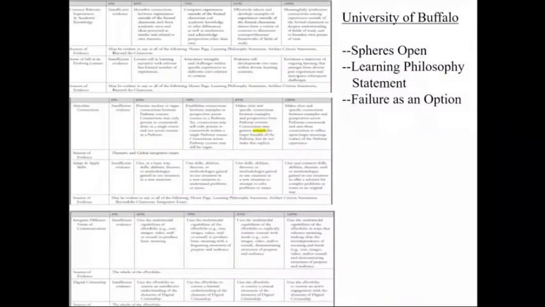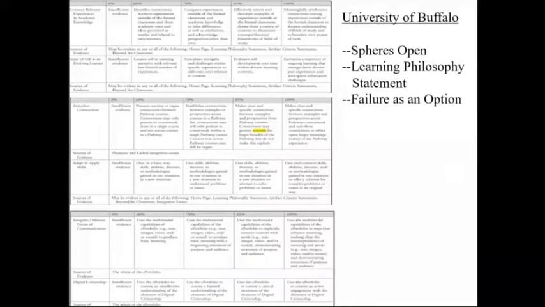And there are 2 buckets here in terms of points I want to make. The first is that it is not only open to all spheres, students are required, as you're going to see in just a moment, to include spheres beyond school. If they don't do that, they cannot pass this, and this is a requirement. The second point I'll make is that for this model, students have to write a learning philosophy statement, which, as far as I'm aware, is the only one of its kind.